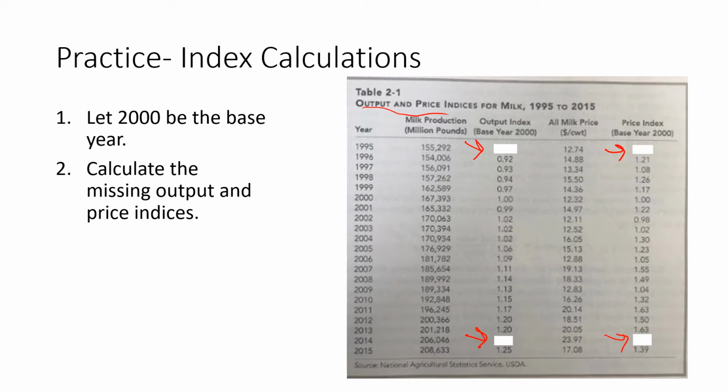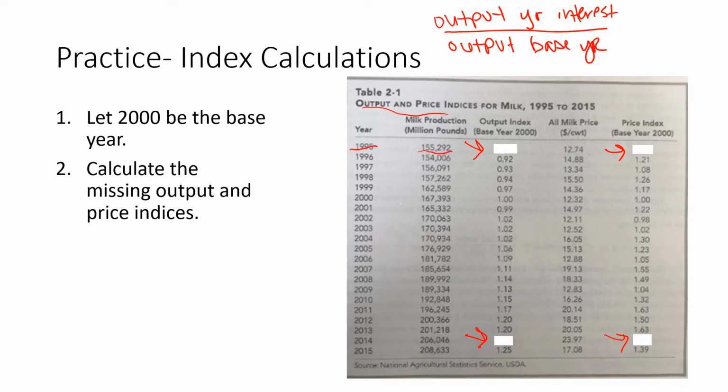So our calculation from the previous slide is that we are going to take the output for the year of interest divided by the output base year. The first year that we are interested in is 1995.